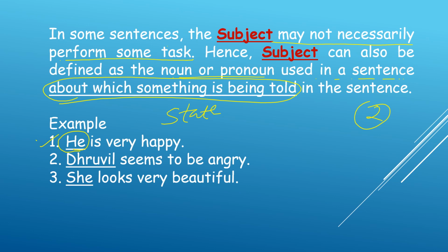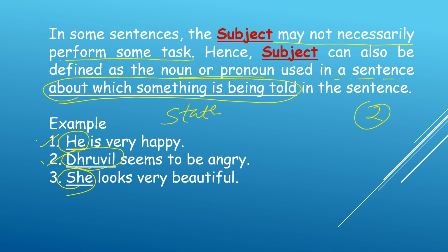Next sentence. Dhruvil seems to be angry. So again, Dhruvil is not doing any action, but we are just trying to understand his state. So how he feels, he seems to be very angry. So here also the subject is not doing any action. She looks very beautiful.